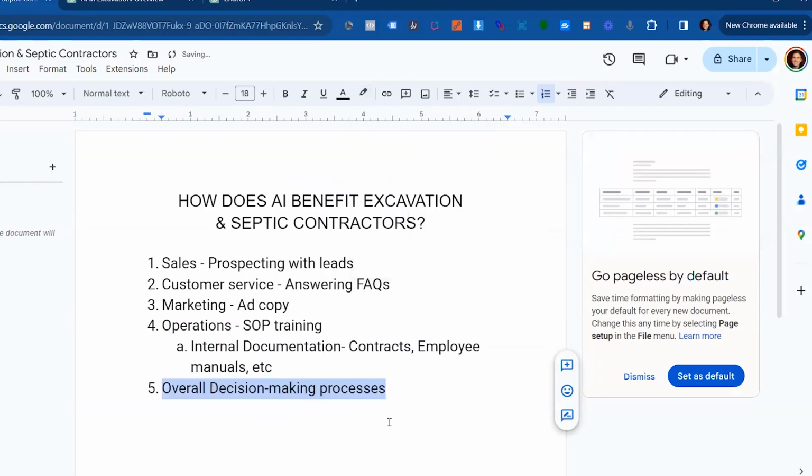So the fifth way would be overall decision-making processes. And so what am I talking about here? This could include cost estimation and budgeting for jobs, of how do you bid commercial and residential jobs profitably.